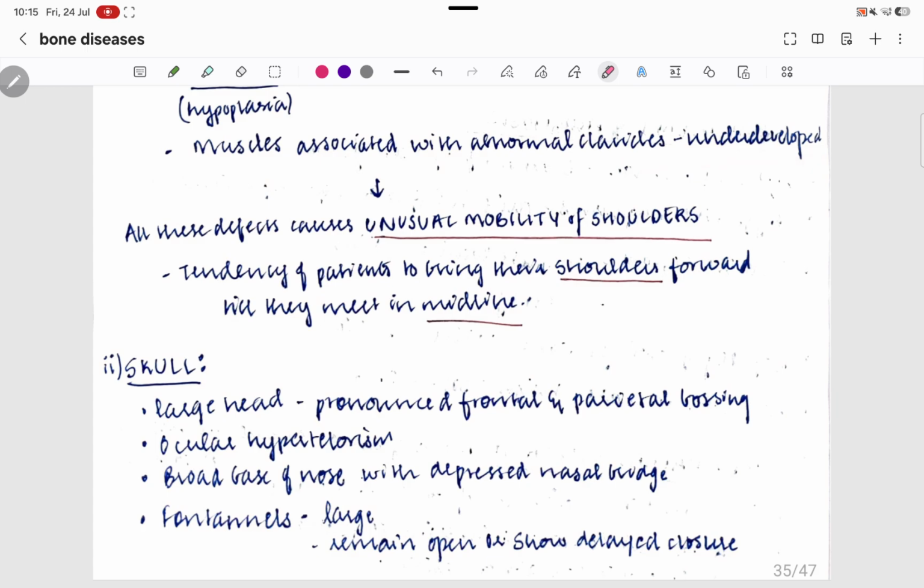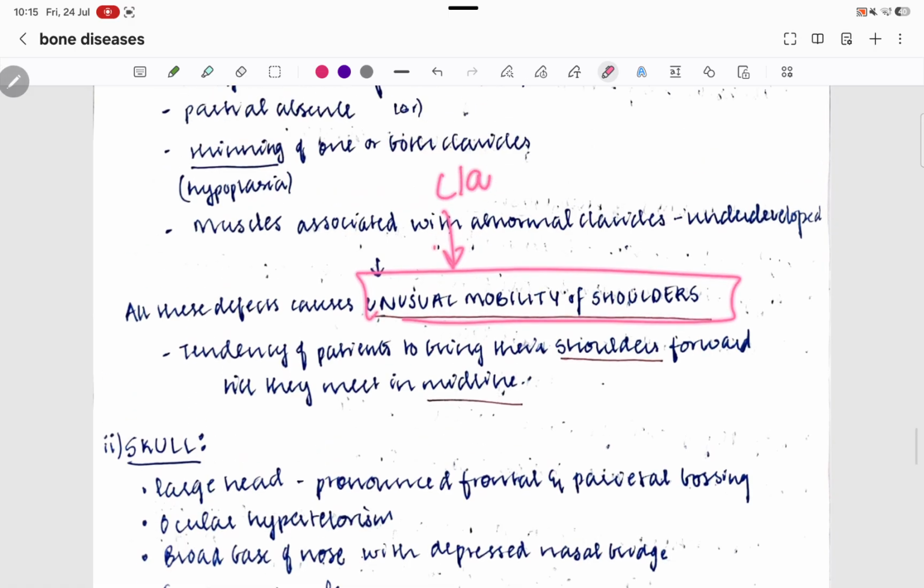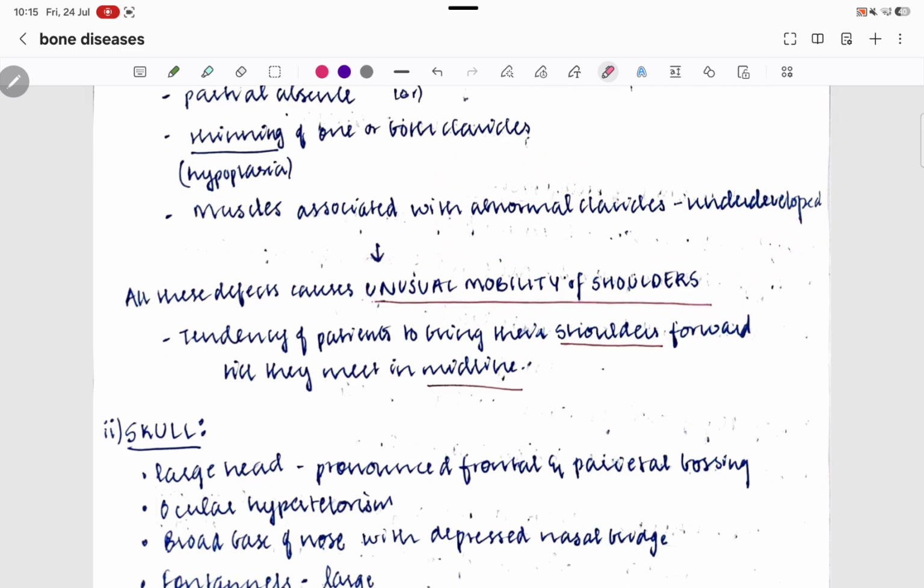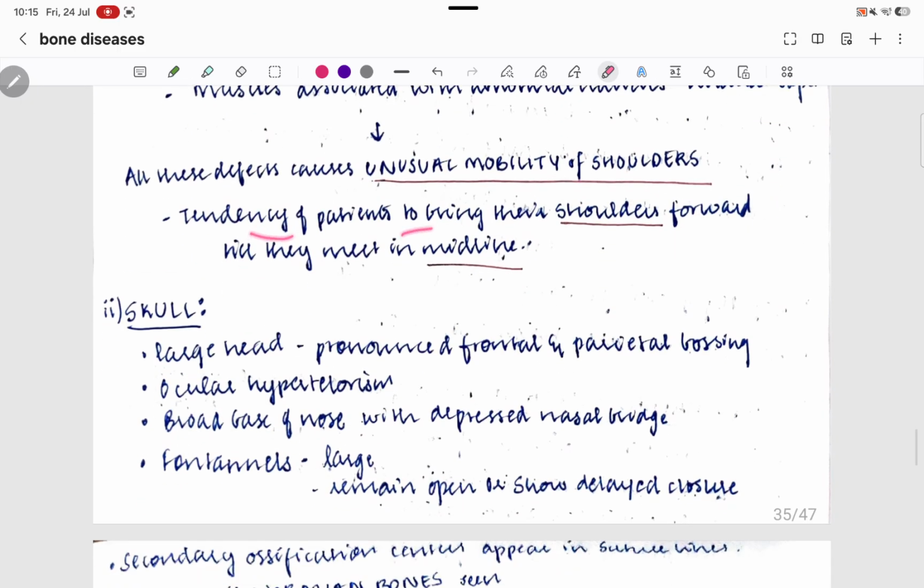Coming to all these defects, there is unusual mobility of the shoulder. These defects, that is deformity in formation of clavicles and underdeveloped muscles, lead to an unusual mobility of the shoulder. Now, tendency of patients to bring their shoulders forward, they meet in the midline.